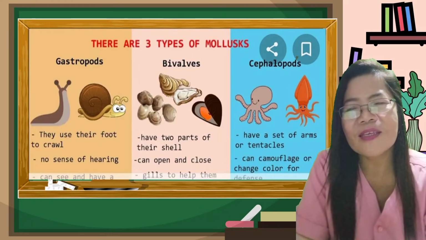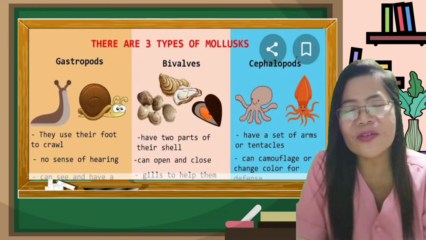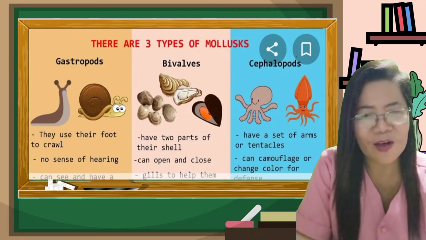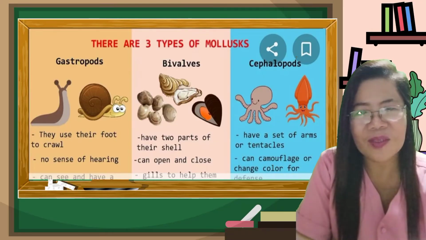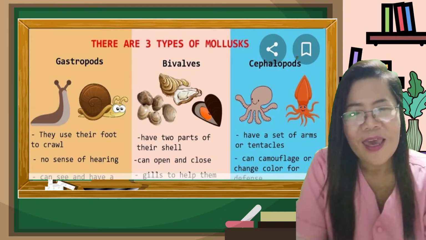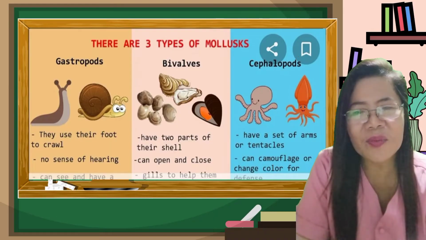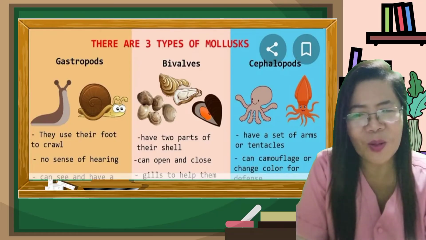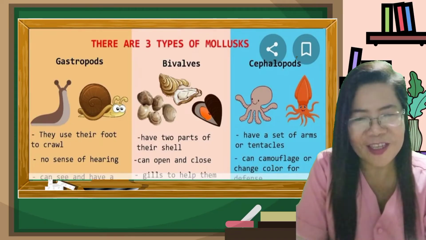Bivalves have two parts of their shell, can open and close like clams. Number 3, cephalopods have a set of arms or tentacles, can camouflage or change color for their defense.